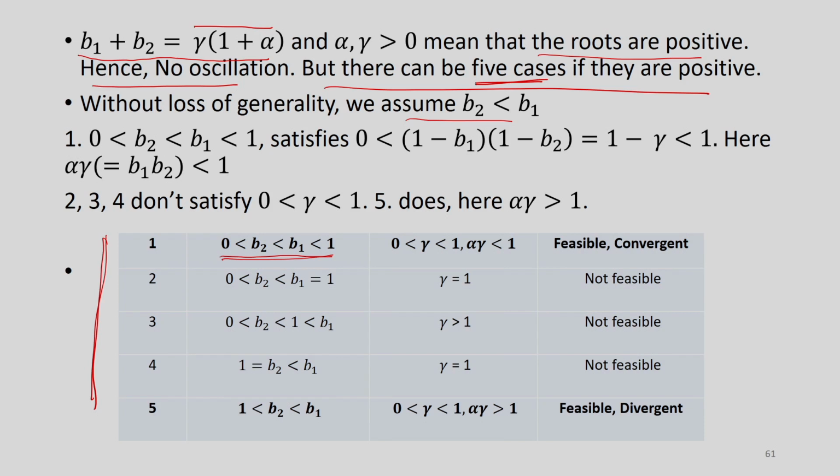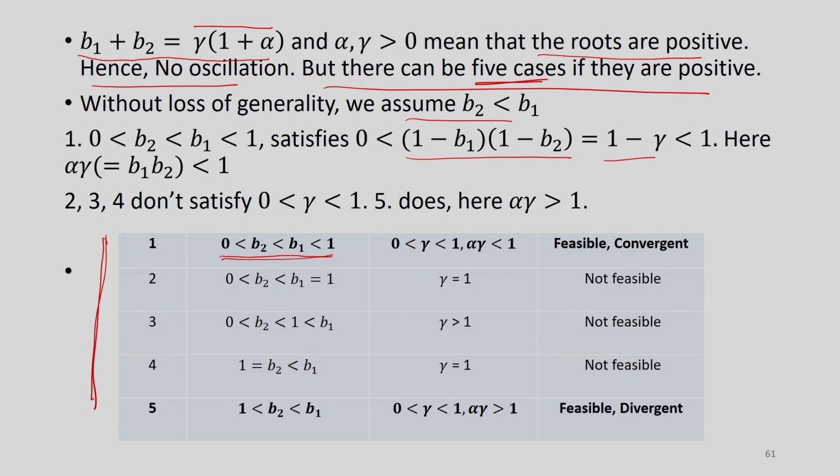Now, the question is, is that feasible? That is going to be an important point. Now, if both of them lie between 0 and 1, then what is happening to this term, 1 minus B 1 multiplied by 1 minus B 2, which we know is going to be equal to 1 minus gamma, that is known to us.